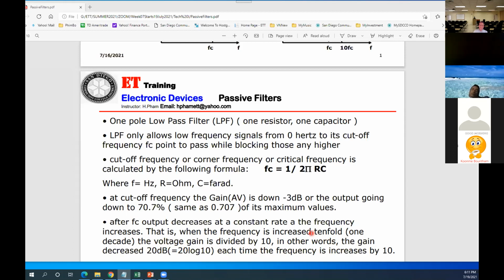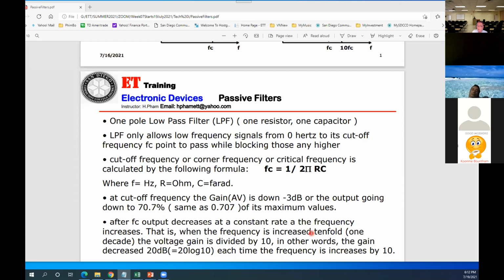First thing, one pole LPF. How do we know that is one pole? That means the circuitry gets one resistor and one capacitor. And you can see later on, 2 pole means you get 2 resistors, 2 capacitors.